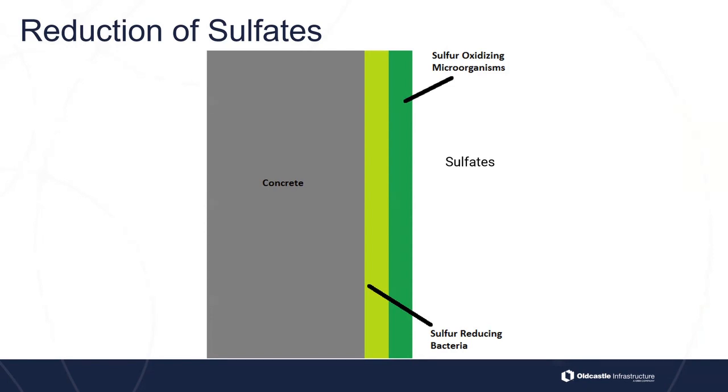So, simply put, sulfates from the waste stream diffuse into the biofilm towards the anaerobic zone, where they can then be reduced to sulfides. Now, under the conditions with sufficient dissolved oxygen, these sulfides will be partially or completely oxidized by the sulfur oxidizing microorganisms as they diffuse back towards the waste stream.